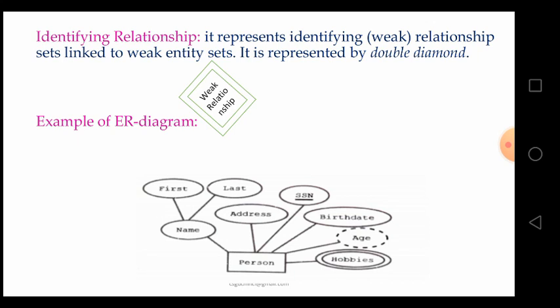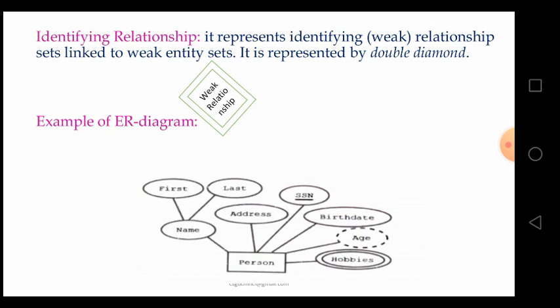Example of an ER diagram. Here person is an entity. Name and address are the attributes. Name has first and last as sub attributes.